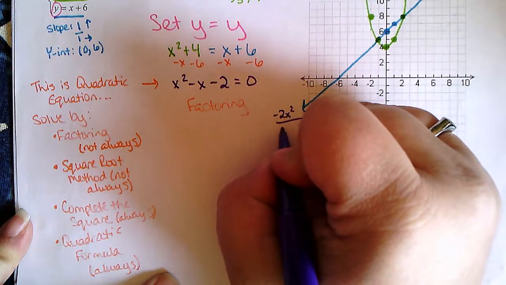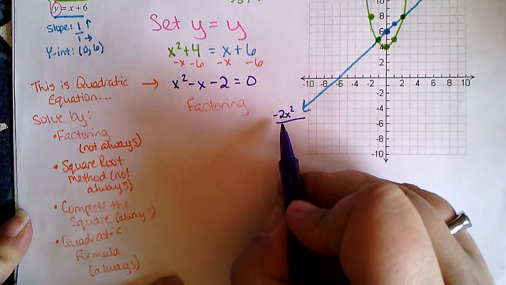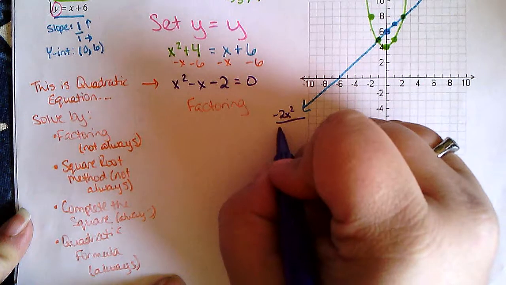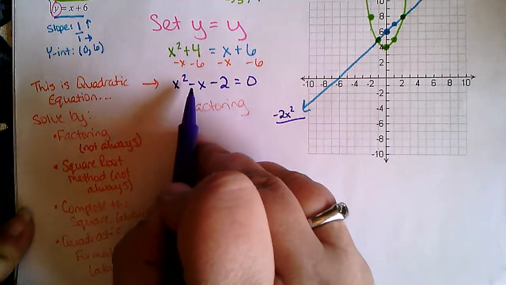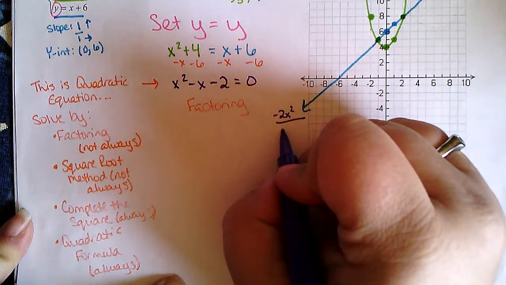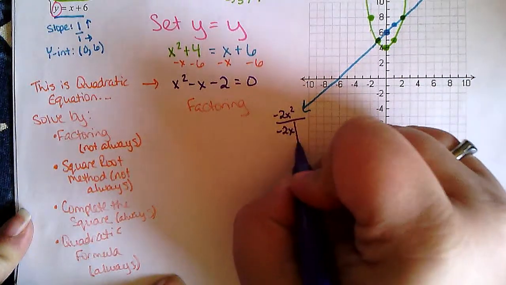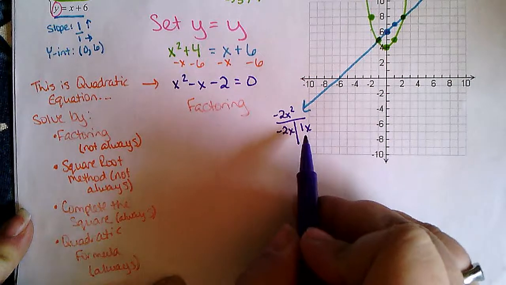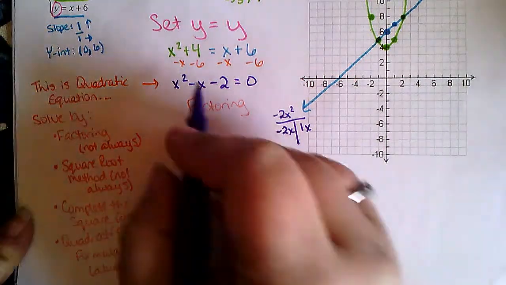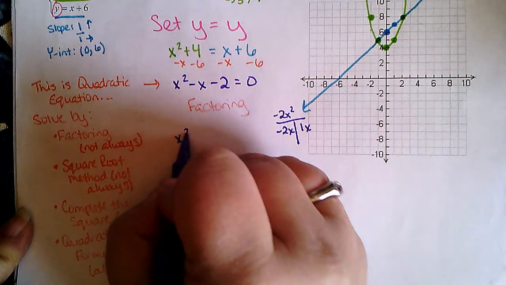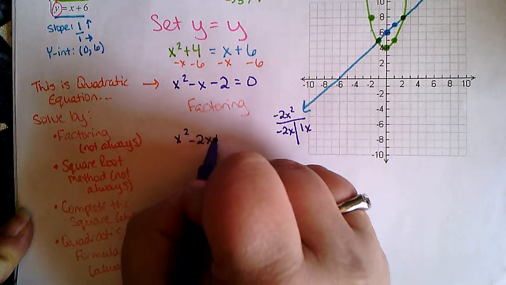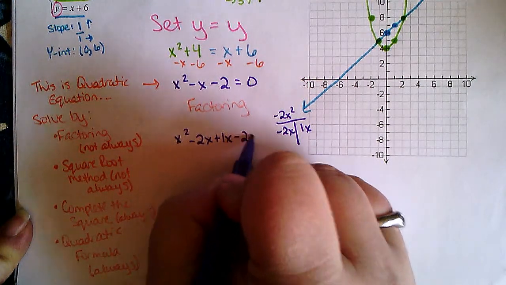Making my list, I notice that this being negative, I'm going to have one positive and one negative. And it needs to add up to negative 1, so I know my bigger number is going to be negative. So if I make it negative 2x and 1x, does that give me negative 1? It sure does. So if I bring these down, x squared minus 2x plus 1x minus 2.